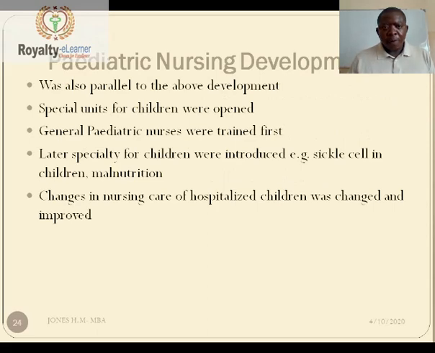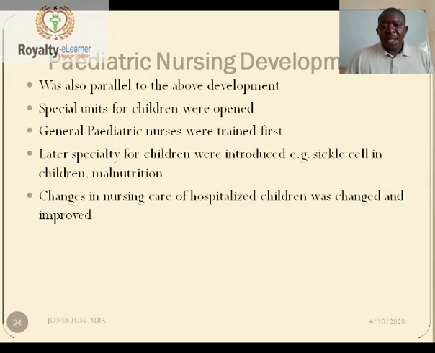Pediatric nursing development will continue. We also had a parallel to the above development. Special units for children were also being opened, and general pediatric nurses were also being trained. Later, specialties for children were introduced, for example sickle cell in children, nutrition, and the likes, depending on how the need was rising.